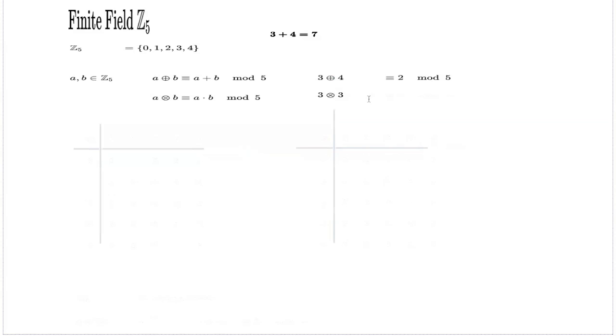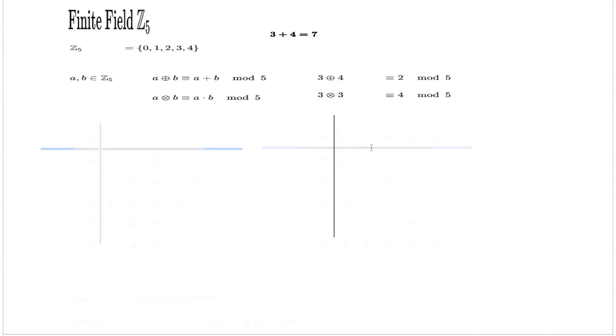If I do, for instance, multiplication of this field, that's the way it is defined. So first I do normal multiplication of 3 and 3. We know the result is 9, but we computed above on the screen that the remainder of 9 with respect to 5 is 4. And so the result will be 4.